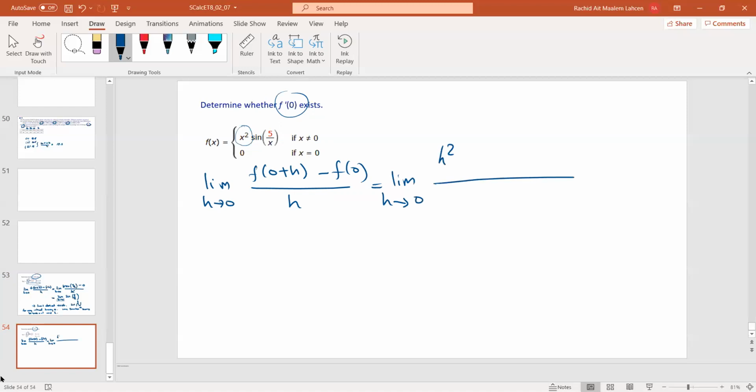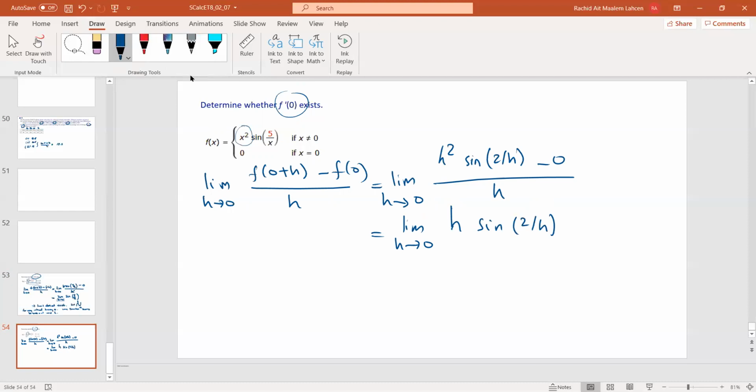Similarly, now it's just h squared sine of 2 over h minus 0, over h, and now we're left with 1 over h. Let's write the limit as h goes to 0, and let's just simplify h with h, and we get h sine of 2 over h.